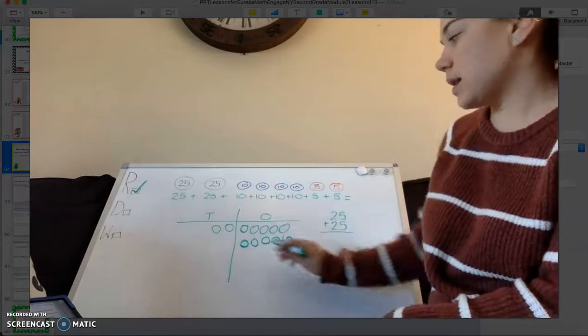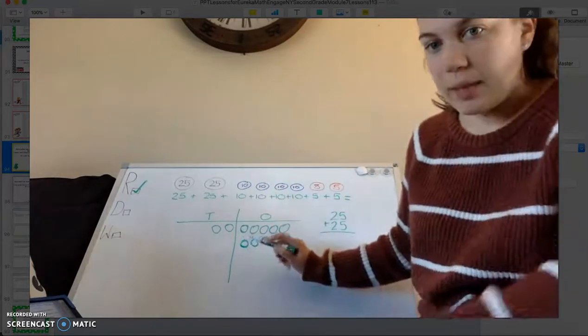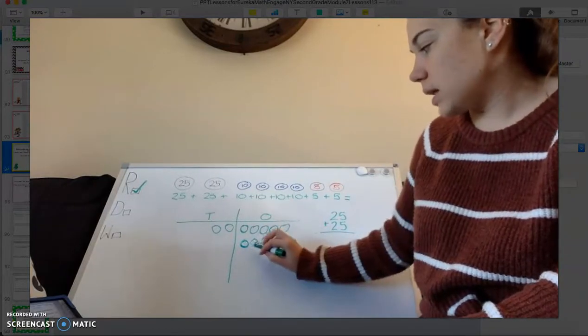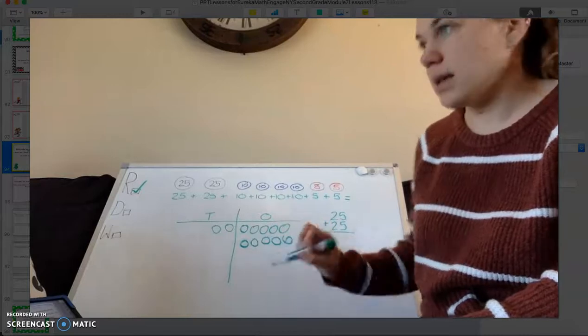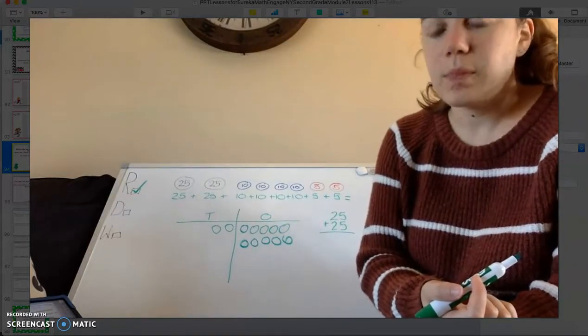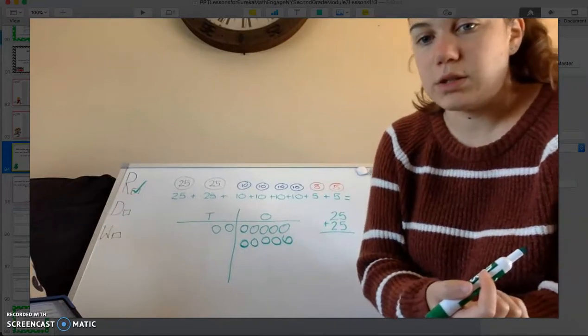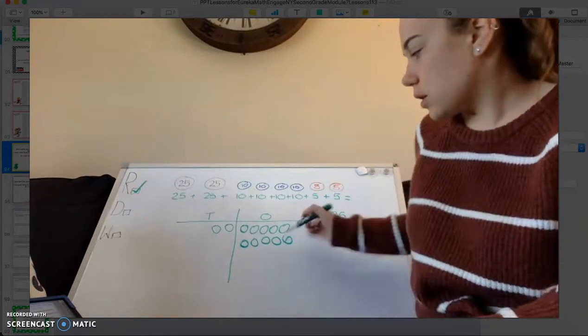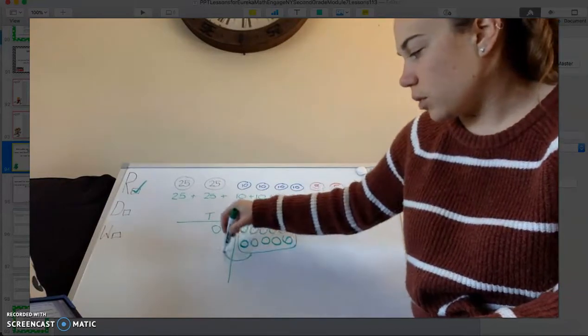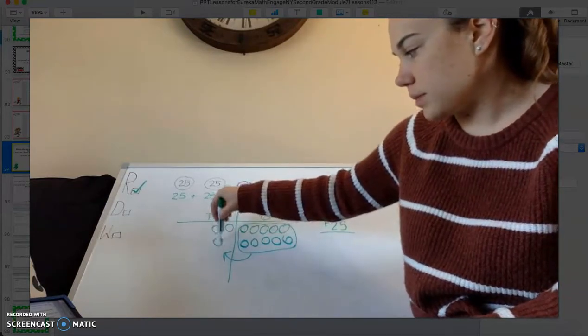So let's freeze. How many do we now have in our ones column? Let's count. 1, 2, 3, 4, 5, 6, 7, 8, 9, 10. Can you have 10 in a ones column? No, so what do you need to do? Good, you need to trade in your 10 ones for 1 ten.